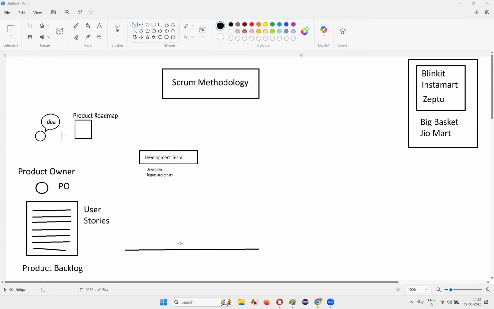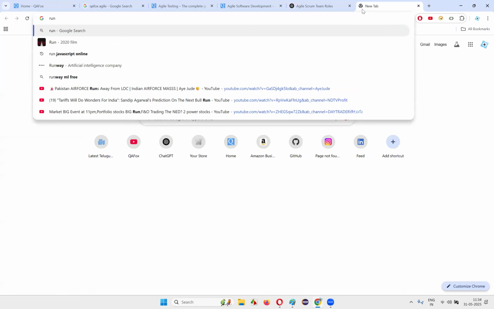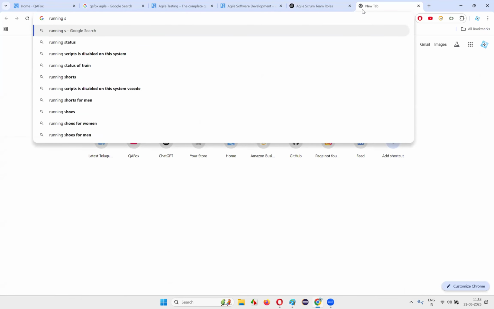Where exactly have you heard this in the real world, non-technical wise? Yeah, running. You are right, Faizan. Have you seen running competitions? In that, the word sprint will be there. If you search like this, you'll get some information.